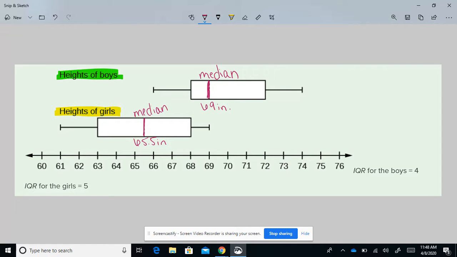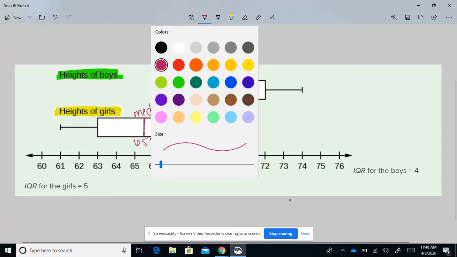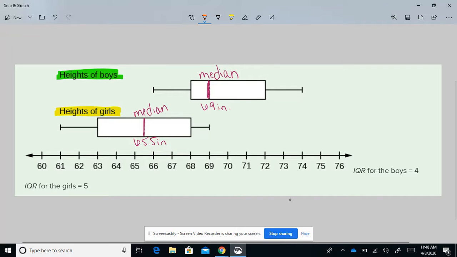Okay. Another thing that's super important that you can look at is the least value. Here on boys it is, what is that, 66? Okay, well, that right there tells you that the least value for the height of boys is 66 inches.